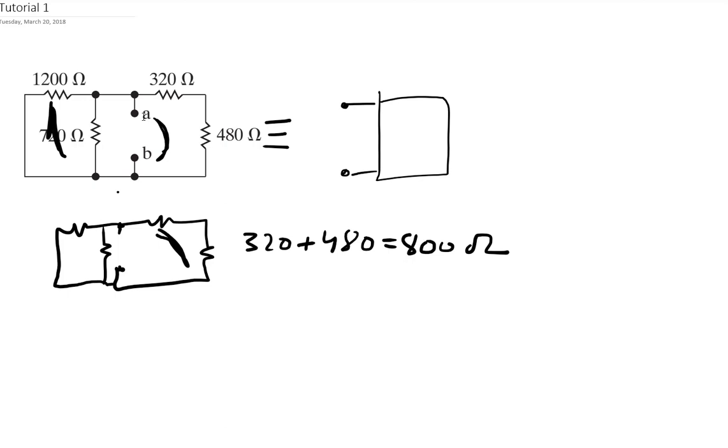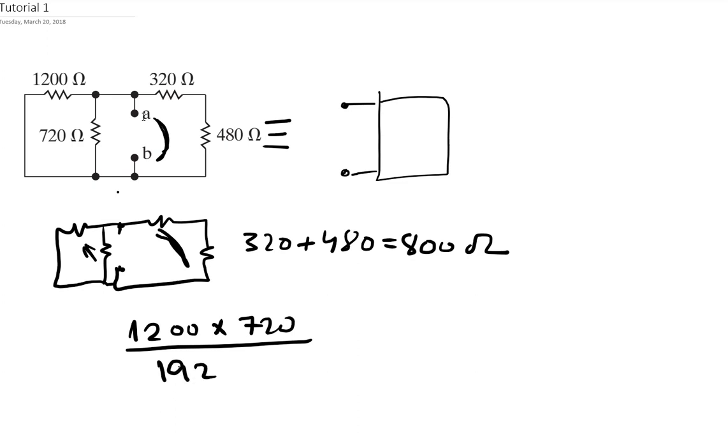These two are in parallel, so 1200 times 720 over their total, which is 1920. This equals how much?